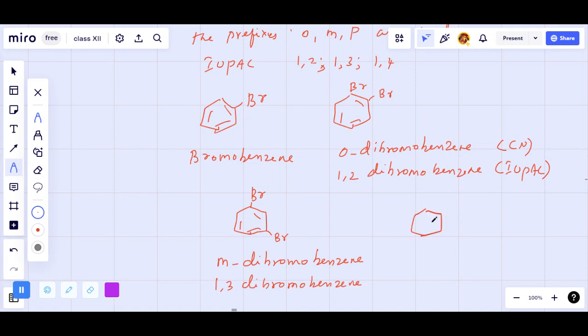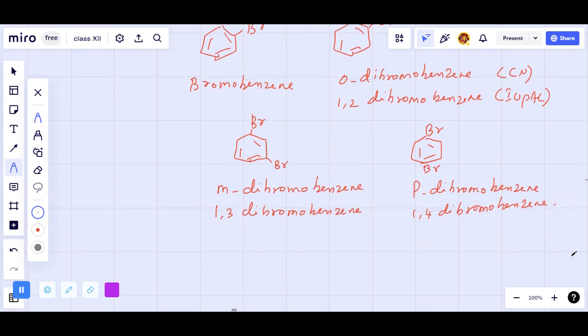Then if it is like this, one Br here and one Br here, this is para-dibromobenzene, or 1,4-dibromobenzene. So dihalogen derivatives will be named like this.